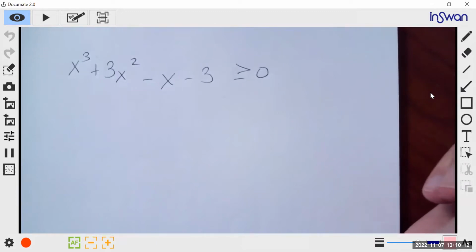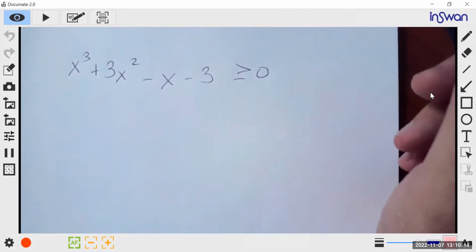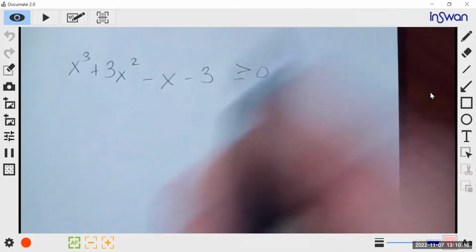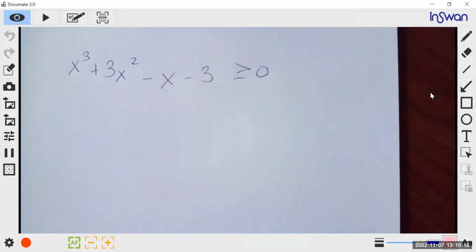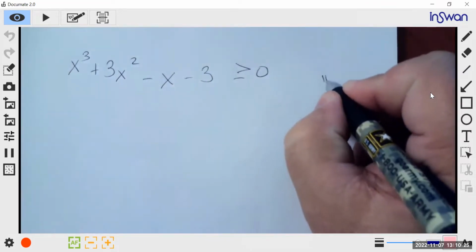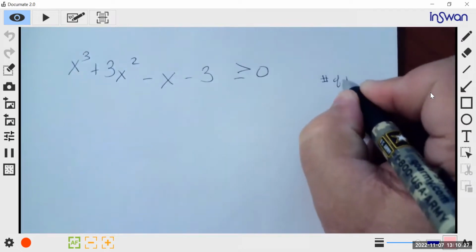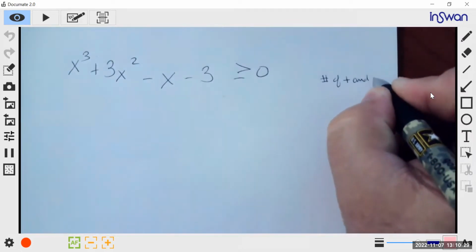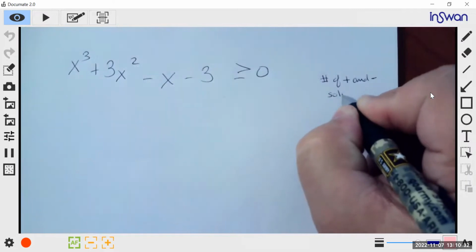We'll need to use synthetic division at the end, but what we can do here is first determine the number of positives and negatives. We use Descartes' rule of signs. Number of positive and negative solutions.